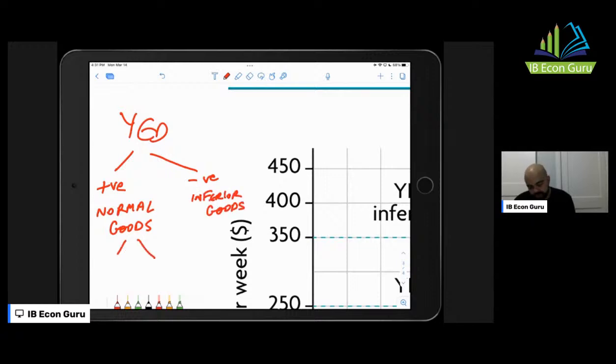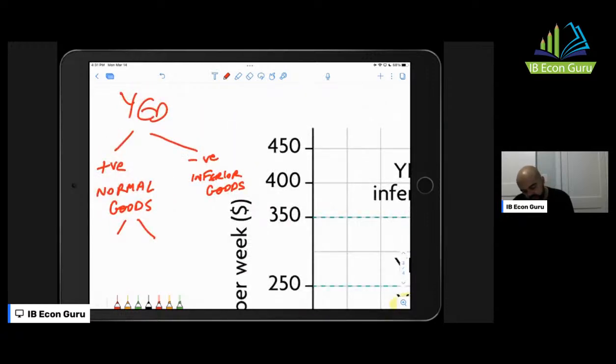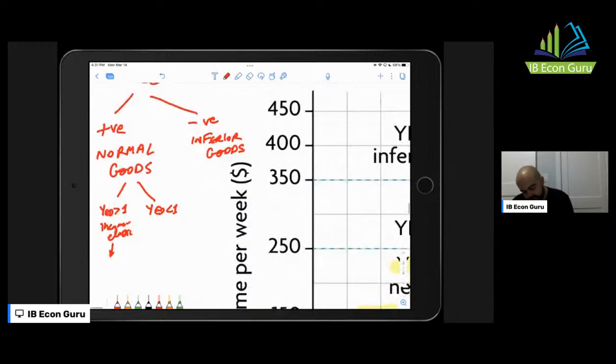Normal goods, we split them into 2 categories: positive but greater than 1 versus positive but less than 1. If it's greater than 1, this product is very income elastic, in the case of what we call luxury goods and services. And it will be income inelastic, so positive but less than 1, in the case of what we call necessities.